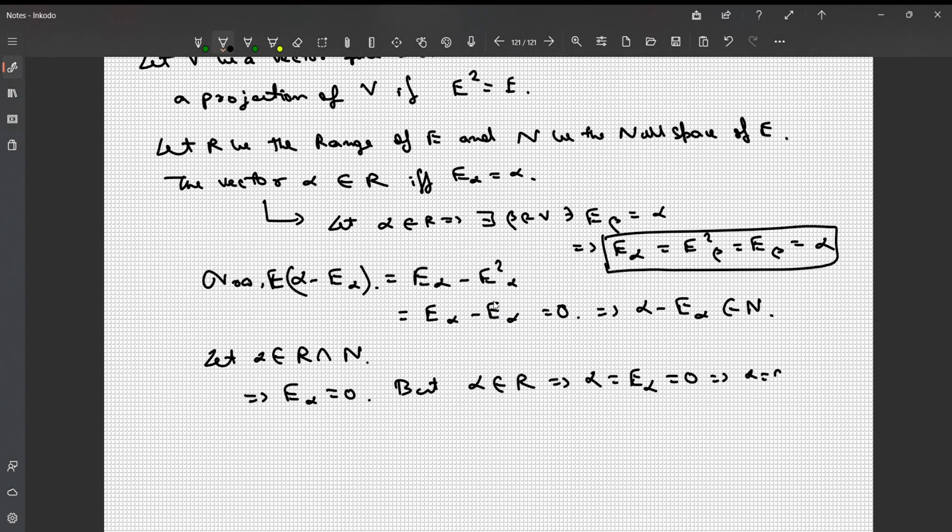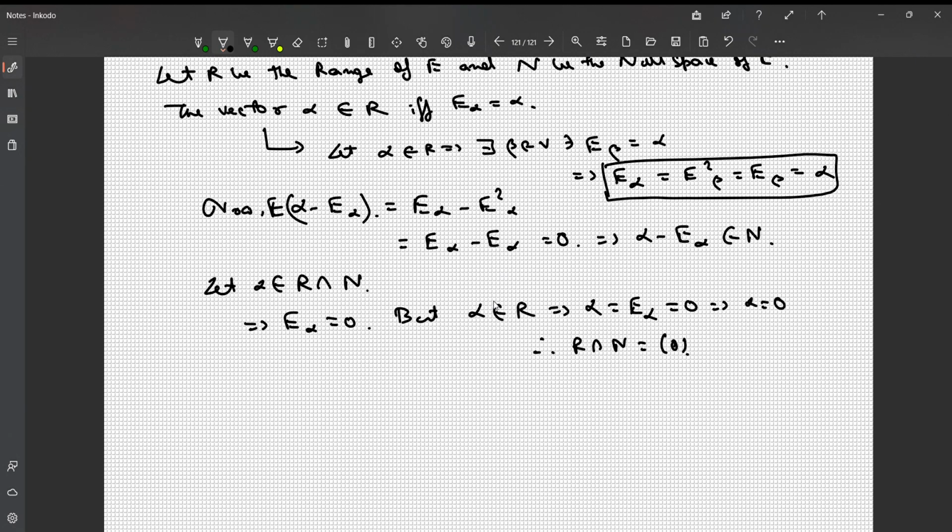So alpha is equal to 0. Therefore, R and N intersect only at the 0 element. So we have three statements: the range space of E contains only those elements whose image under the operator E is themselves; the null space contains the elements of this form; and the intersection of the range space and the null space is the 0 subspace.